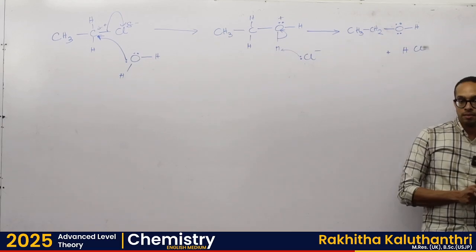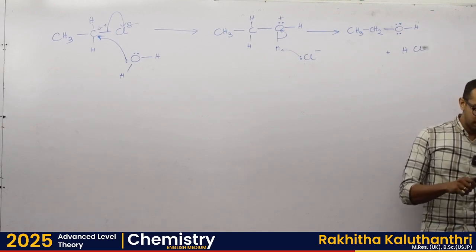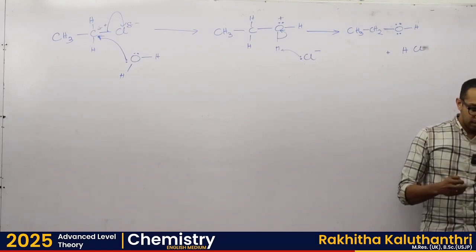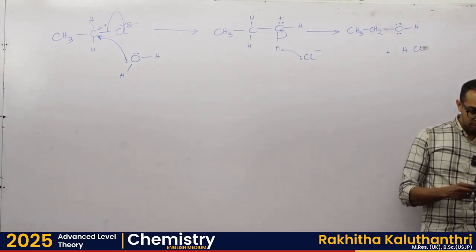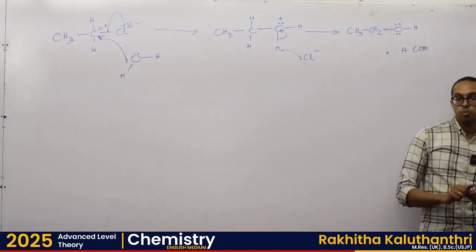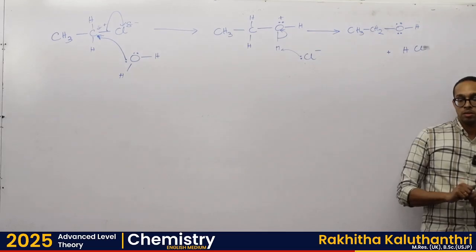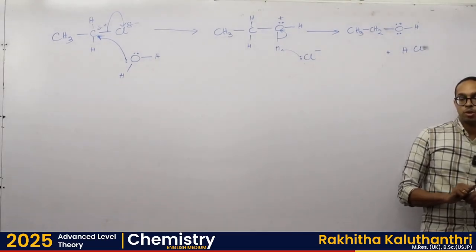Alkyl halides can react with strong bases such as sodium hydroxide or potassium hydroxide to produce two different types of products.